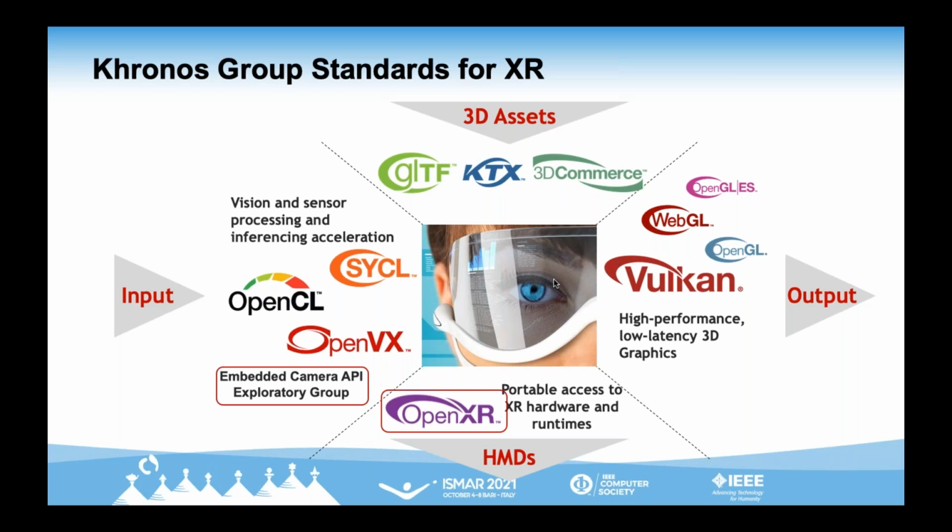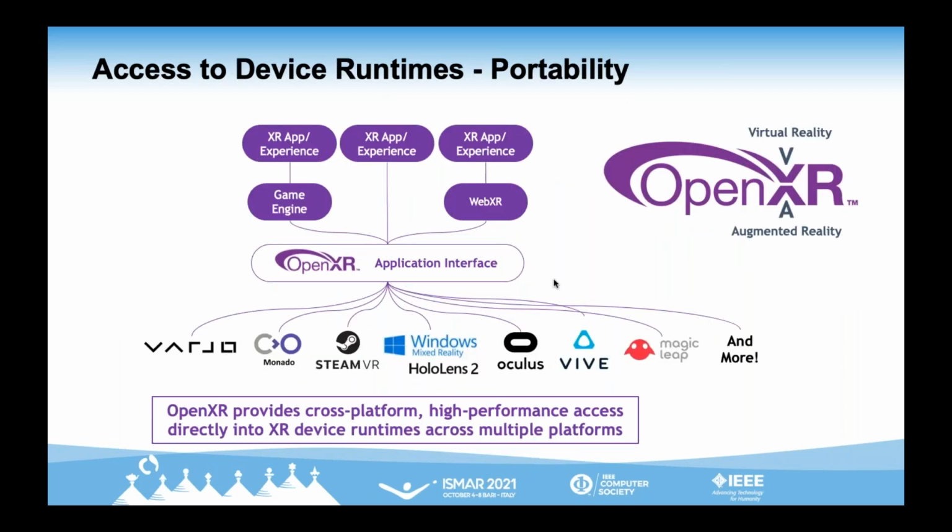The Khronos Group does a very nice job of separating the standards activities into 4 domains: the input and output, so the left and right of this picture, the specifications or APIs that are specifically for hardware, such as head-mounted displays, at the bottom, the OpenXR specification, and at the top, the specifications that pertain to 3D assets. And of course, a lot of augmented reality needs and will benefit from having 3D assets.